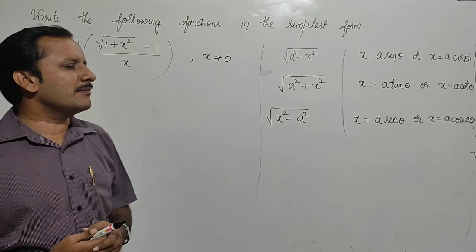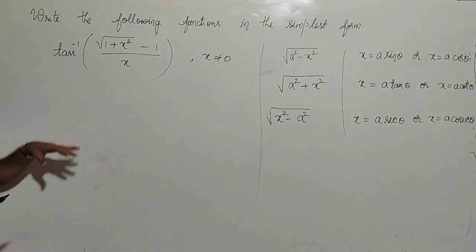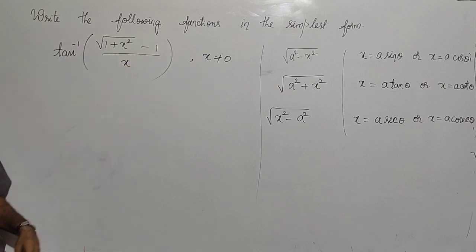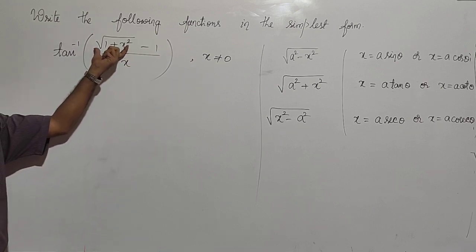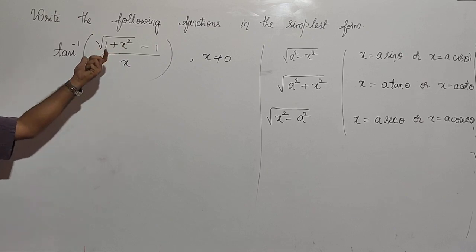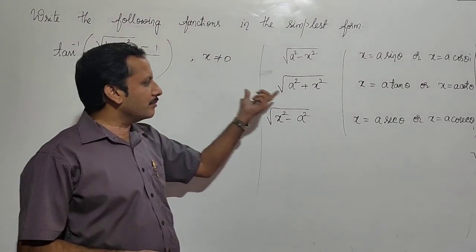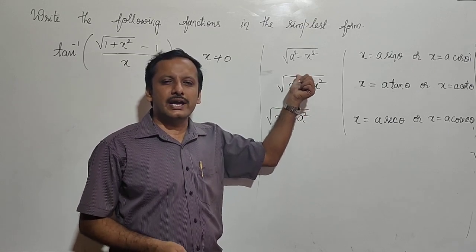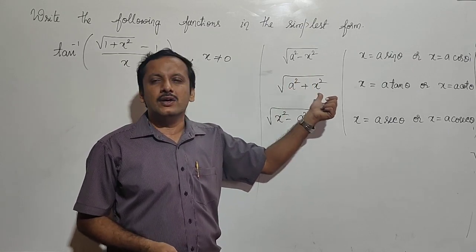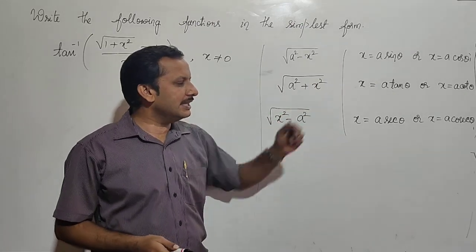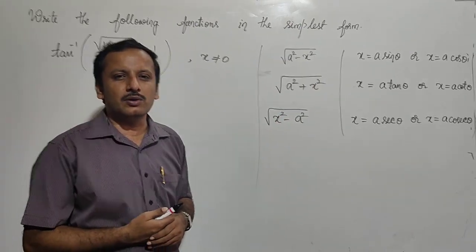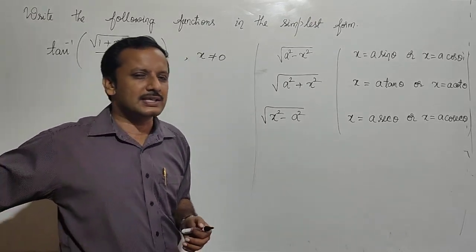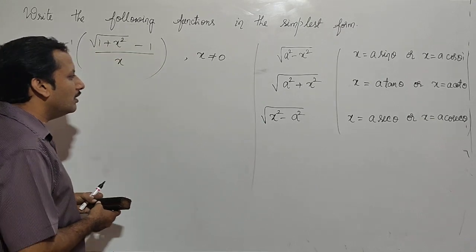Okay, now coming back to this particular problem. Here we have tan inverse of root of 1 plus x square minus 1 by x. Look at this expression, there is root 1 plus x square. You can compare this with a square plus x square, where 1 can be written as 1 square, so a will be equal to 1. Then the substitution is x equal to a tan theta, which means, as a is 1 here, x equal to tan theta.